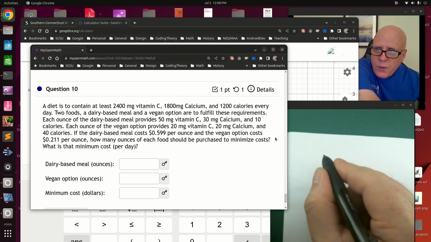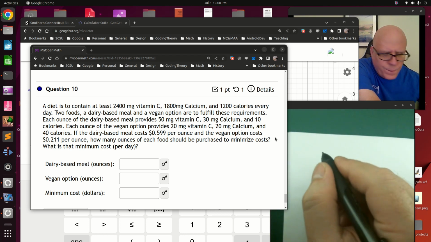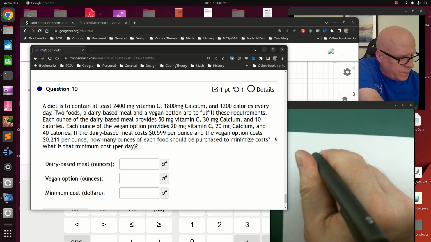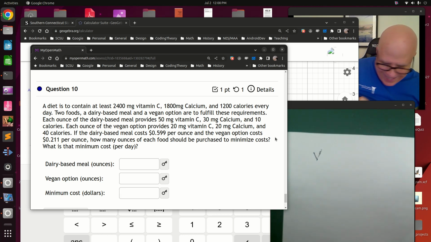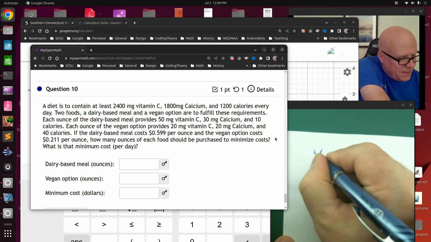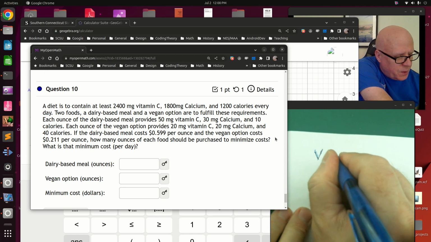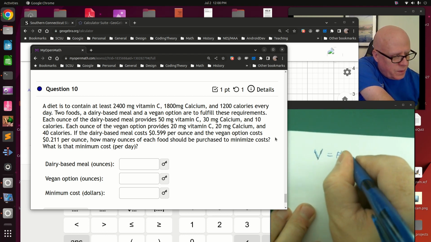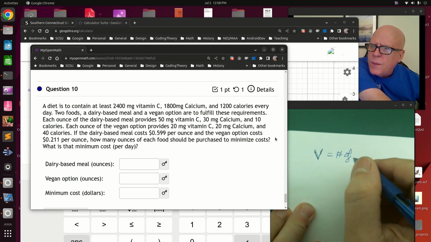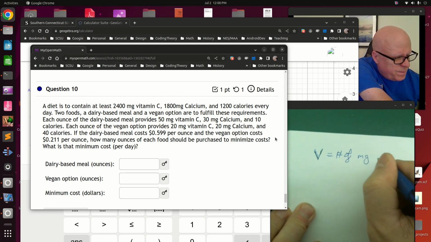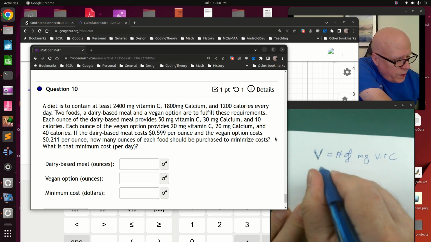So how about if I use V for, well, I've got the worst pen ever. 2 in a row. Let's see if there's a third time's the charm. V is equal to the number of milligrams of vitamin C. Let's go ahead and use C for the calcium.